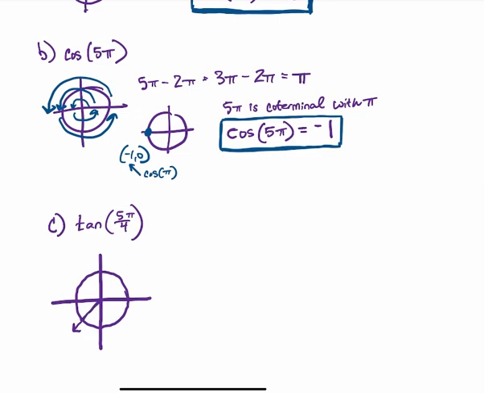So this is the pi over 4 angle in the third quadrant. So I know points here should both be negative, so this would be -√2 over 2, -√2 over 2. And I know this will be the cosine of 5 pi over 4, the x-coordinate, and this would be the sine of 5 pi over 4.